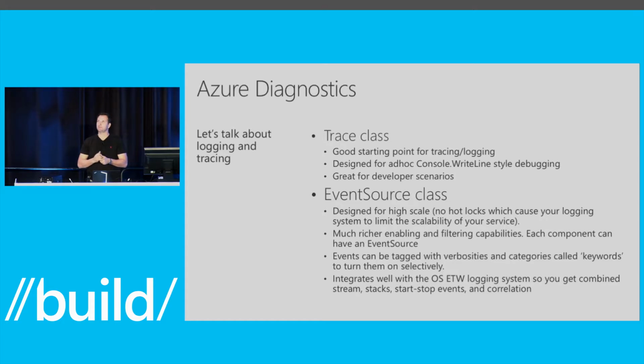With the Azure SDK 2.5, we started supporting ETW event source in Azure Diagnostics. And this is something we've been working on to get in with the CAT team for a while. Our CAT team, the Customer Advisory Team, looks after all the high-scale services.